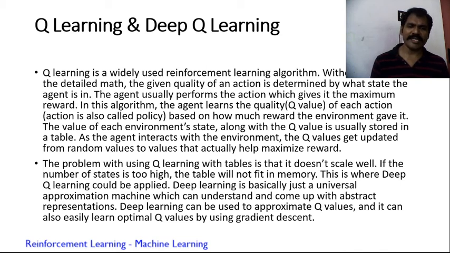The agent interacts with the environment, and the Q values get updated from random values to values that actually help maximize reward. The problem with Q-learning with tables is that it does not scale well. If the number of states is too high, the table will not fit in memory. That is where deep Q-learning can be applied. Deep learning can be used to approximate Q values, and it can easily learn optimal Q values using gradient descent.